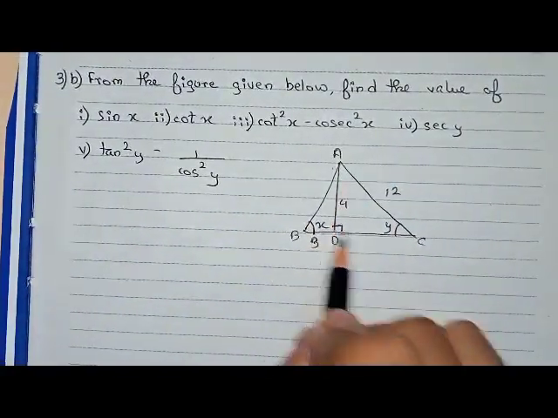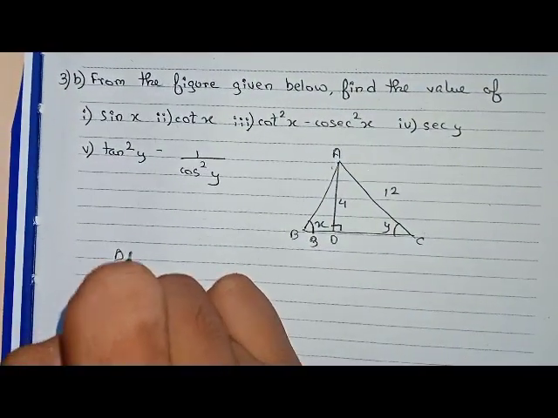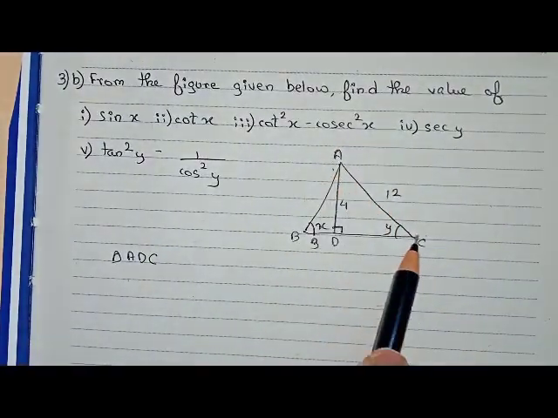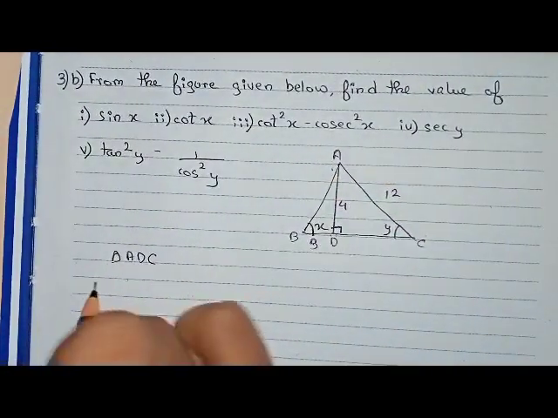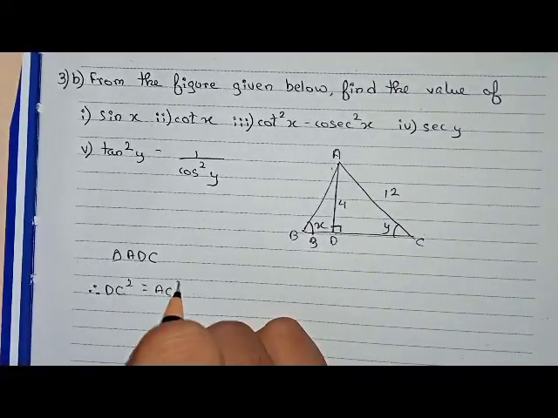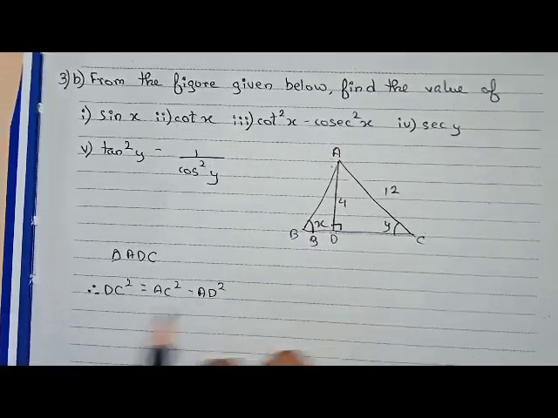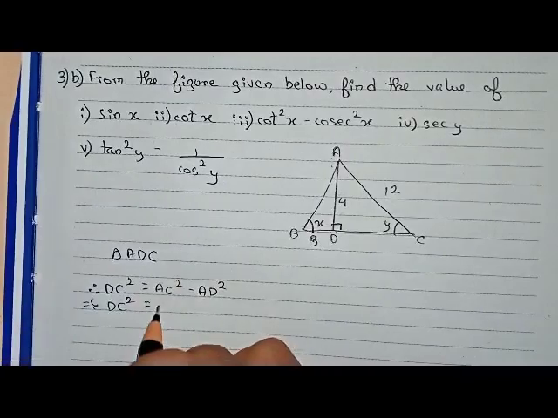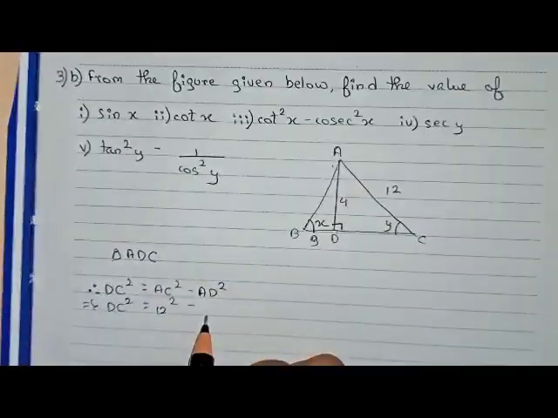So first in triangle ADC, we are applying the direct formula. AC is the hypotenuse. I have to find DC. So therefore DC square will be equal to AC square minus AD square. So DC square is equal to AC square, AC is 12 square minus 4 square.